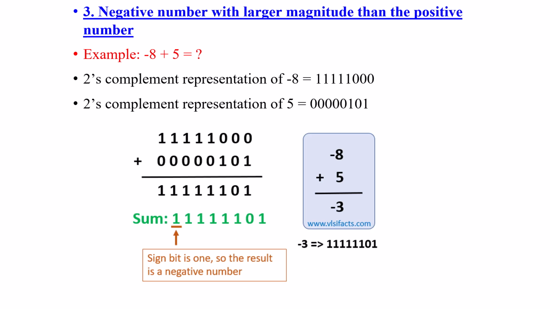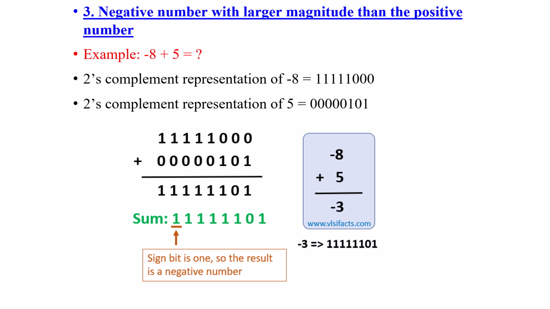Negative number with larger magnitude than the positive number. So we have to find the 2's complement representation of -8. As we know, if it is a positive number, the 2's complement of that number is just the binary of that number.